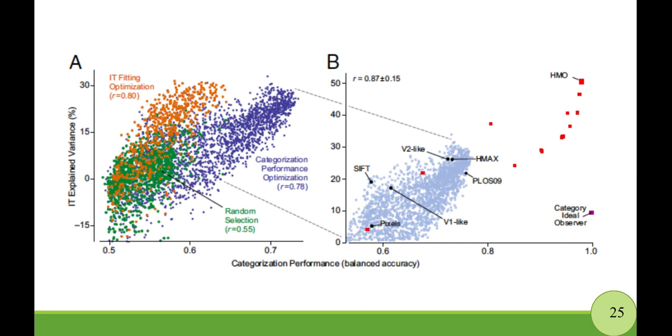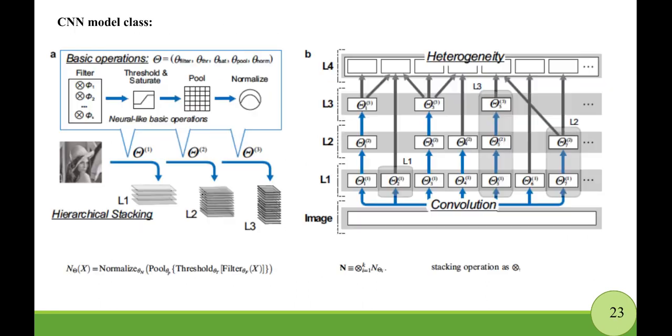But when they tune the parameters of the algorithms to do good prediction, i.e. the IT fittings, they see that usually the ones that are good at giving the IT predictions are also good at increasing the categorical performance. So the idea is that if they train the model to do a better job at categorization, it can also do a better job of explaining the explained variance of IT sections.